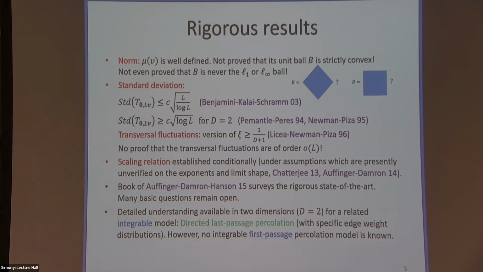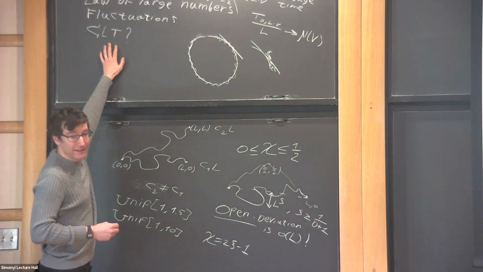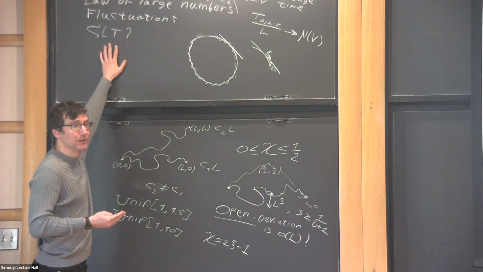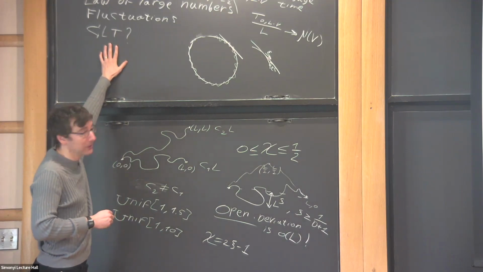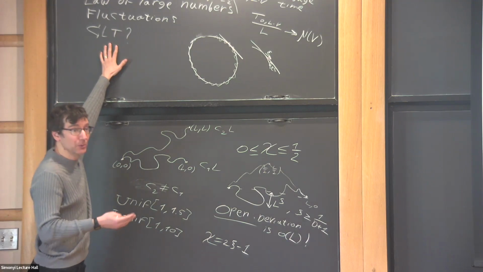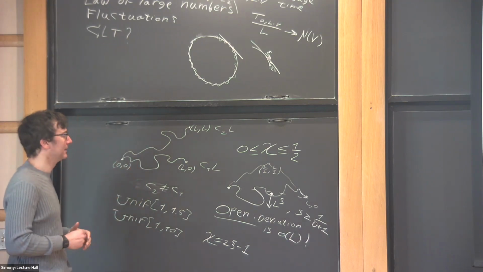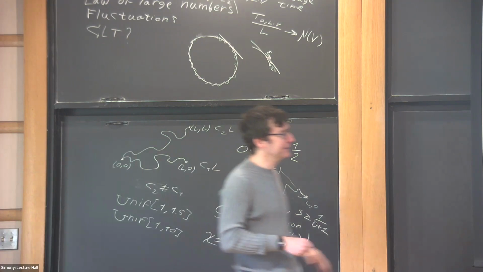We can prove that the exponents are 1/3 and 2/3, and we can get even much stronger. So I wrote here CLT. In fact, in 2 dimensions, the limit distributions after proper scaling are not Gaussian. They are Tracy-Widom, and we know much more about the process limit and so on and so forth. But all that in a related model.